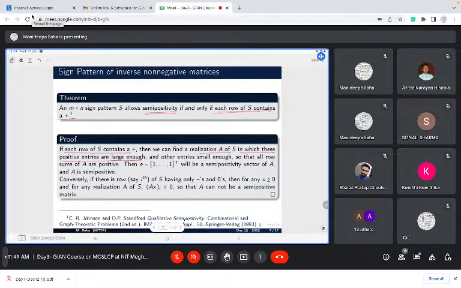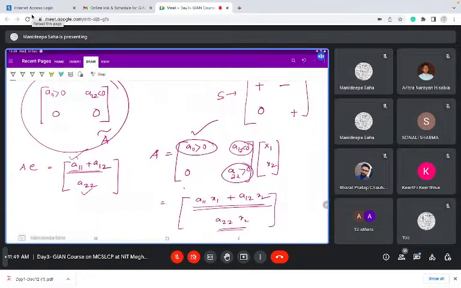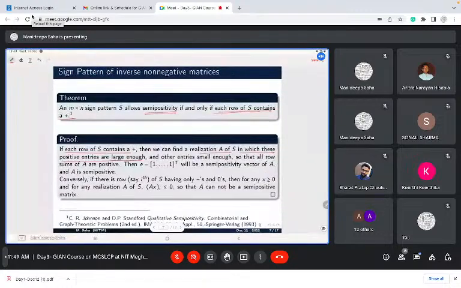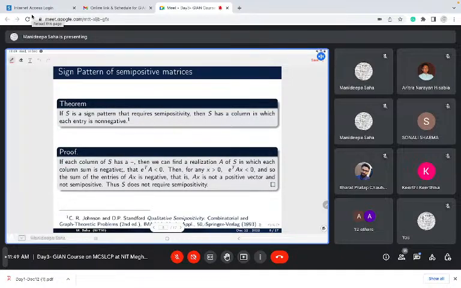Then for any x greater than 0 and any realization of S, the ith row of A multiplied by x1, x2, up to xn has all negative or zero entries, so the ith entry of Ax is negative or zero. So it cannot be a semi-positive matrix. This is a very, very simple proof. So that's about the allows case.